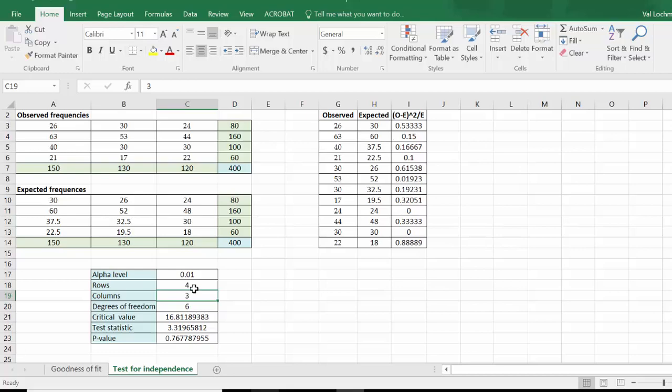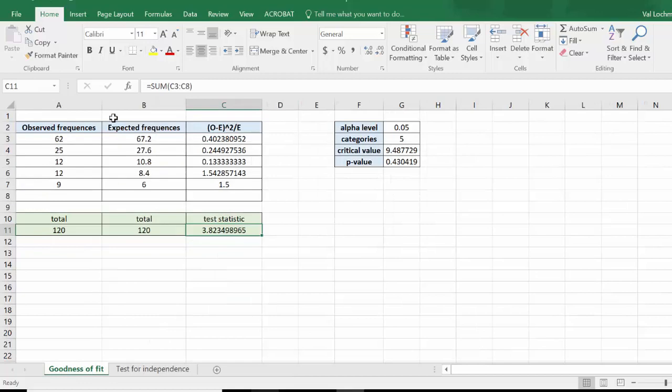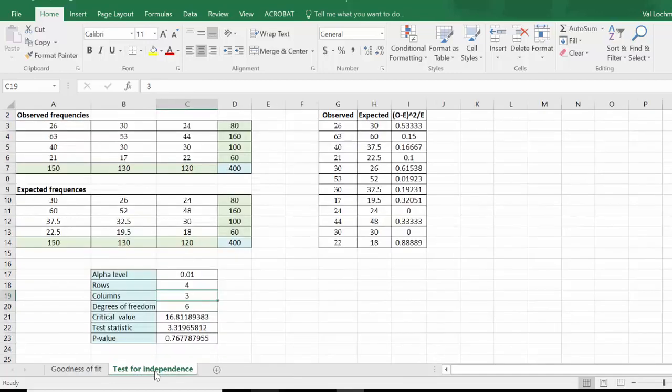Degrees of freedom: remember, for goodness of fit, our degrees of freedom represented the number of categories minus 1. Now here it's something similar. It's the number of rows minus 1 times the number of columns minus 1. So it's 4 minus 1, which is 3, times 3 minus 1, which is 2. So 3 times 2 is 6.